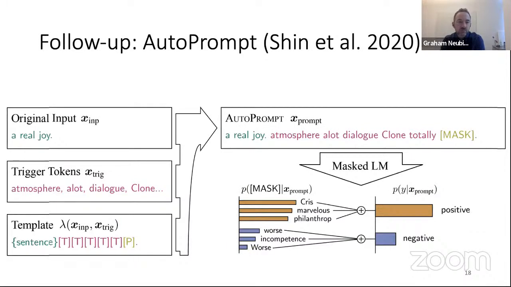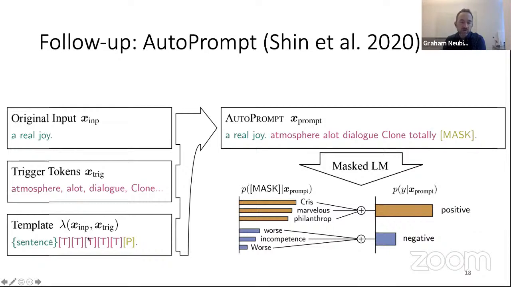To give just a few of the many examples, this AutoPrompt paper by Shin et al. Basically, instead of doing mining or paraphrasing, directly tries to optimize the short string of words here.